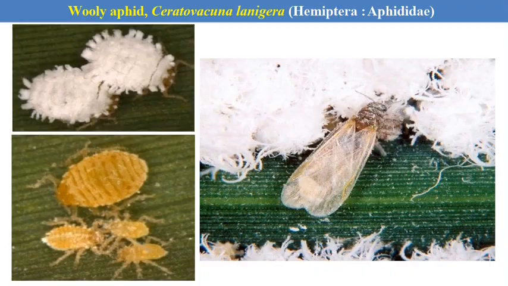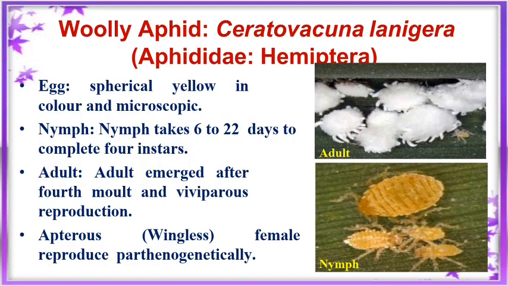If you see the nature of damage of this pest, here are the egg, nymphs and adult. The wingless females are produced parthenogenetically, and viviparous reproduction also occurs.